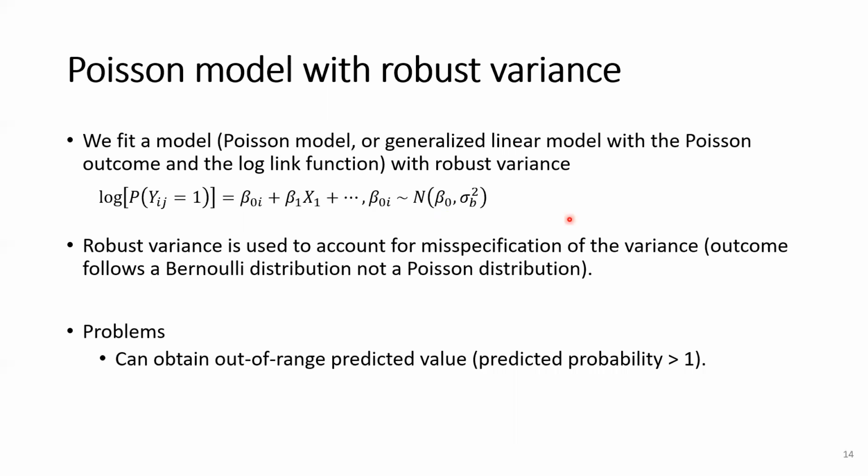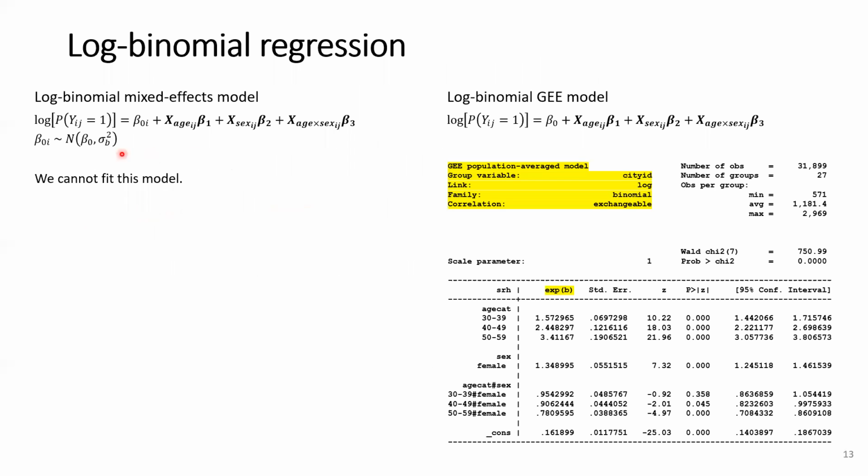And the next option is this one, the Poisson model with robust variance. So what do we do? We fit a Poisson model, or generalized linear model, GLM, with a Poisson outcome with a log link function, but we couple it with robust variance estimation. This equation is exactly the same as when we talked about log binomial regression.